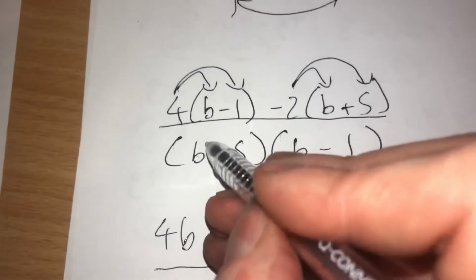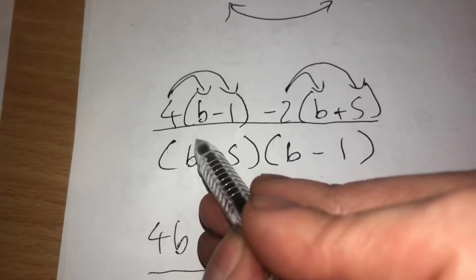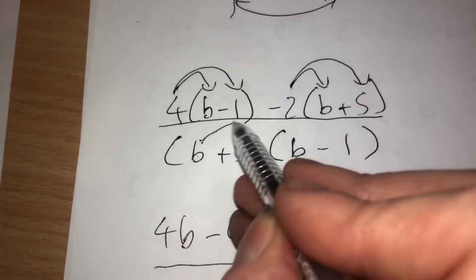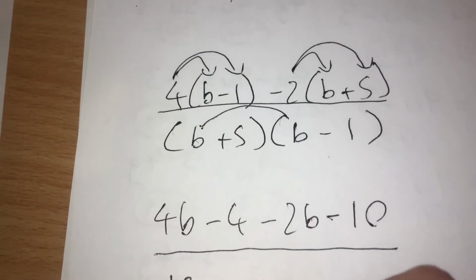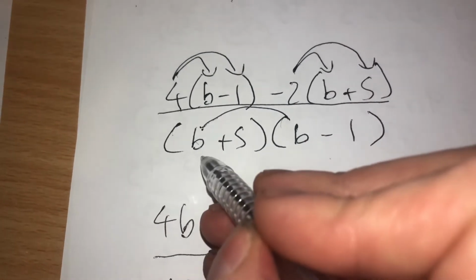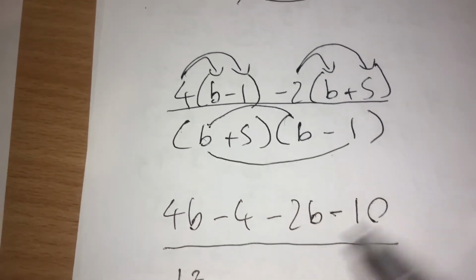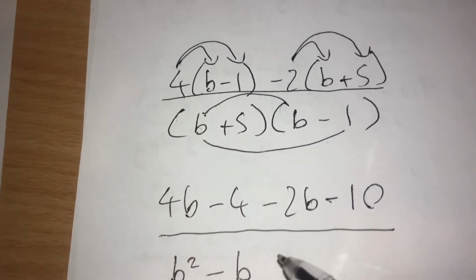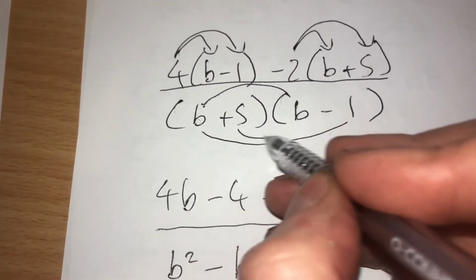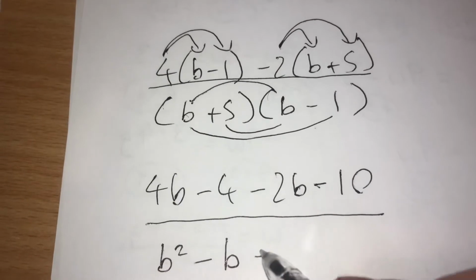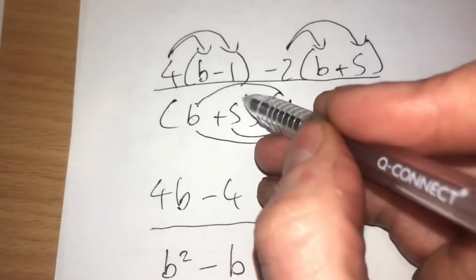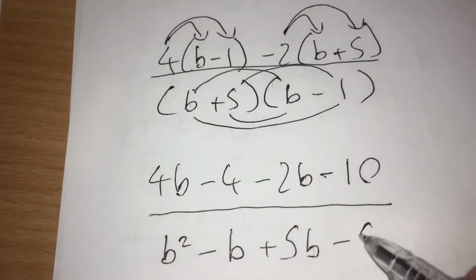And I'm going to just multiply out the bottom line using FOIL, just as a reminder, but you don't necessarily have to do that in this question. So b times b is b squared, so FOIL is first, outer, inner, last. Outer, b times minus 1 is minus 1b, which is minus b. Inner, 5 times b is plus 5b. And last, 5 times minus 1 is minus 5.